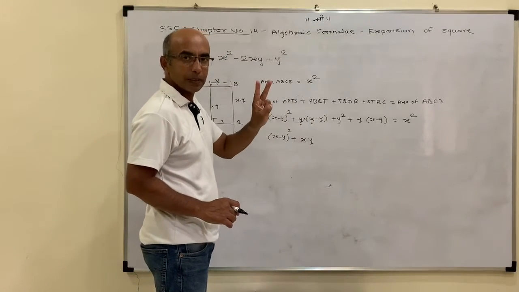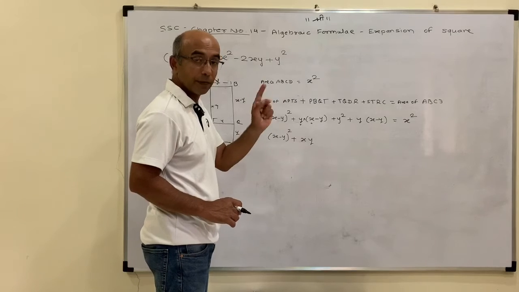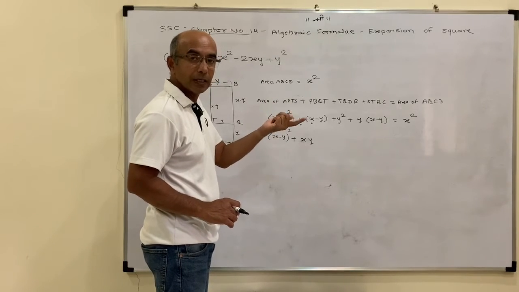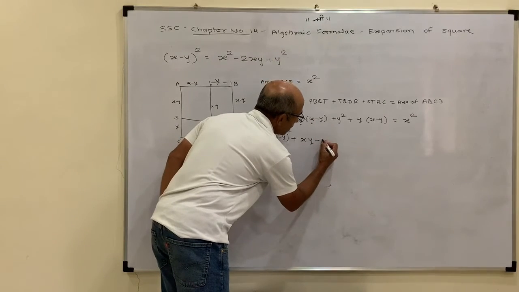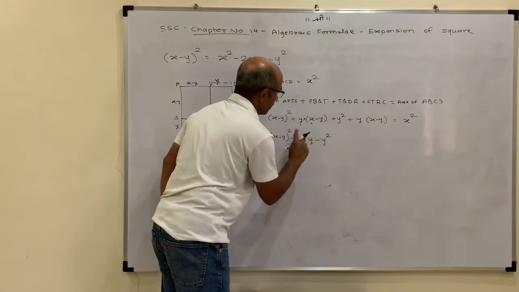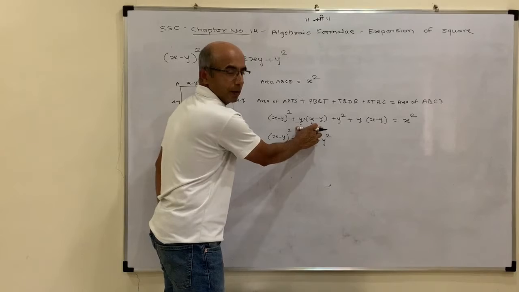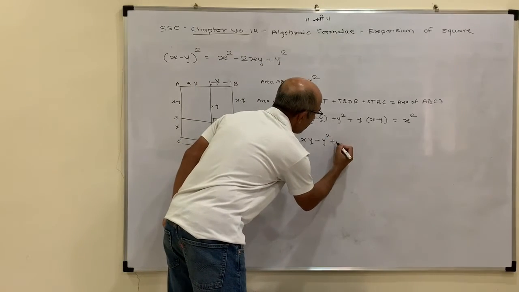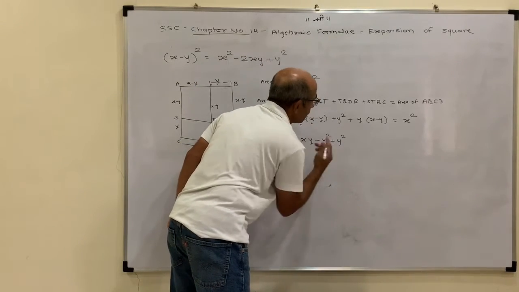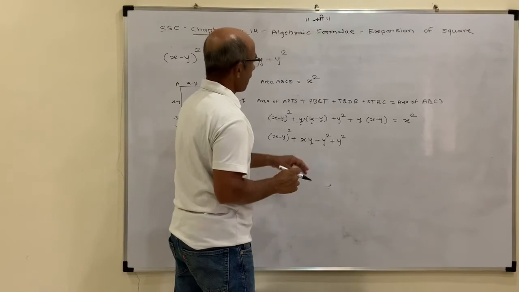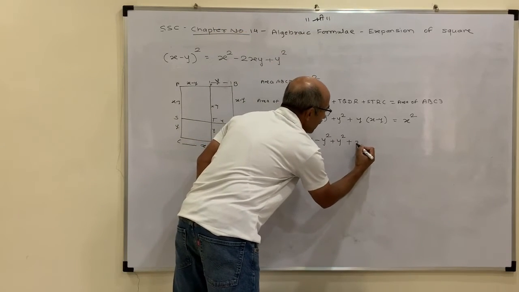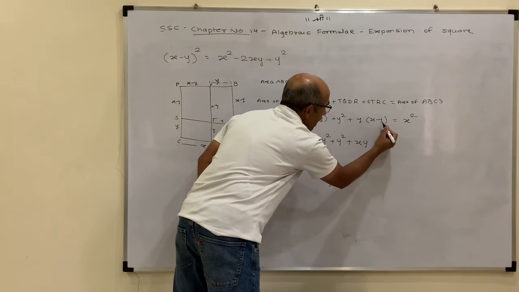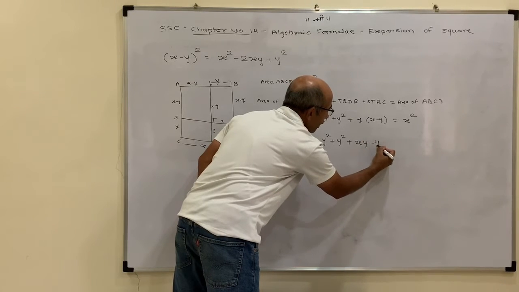When two integers are multiplied with different signs, the result is always negative. So this will be minus Y square, Y into Y, plus I have Y square. Then I have X into Y, XY, and minus Y into Y, Y square.